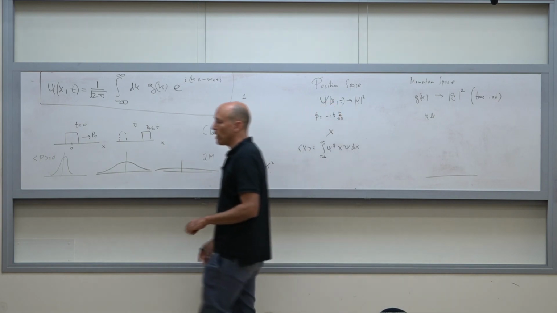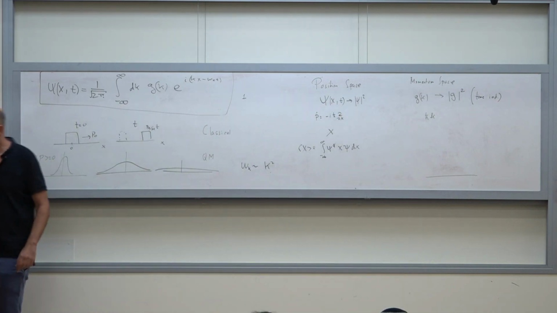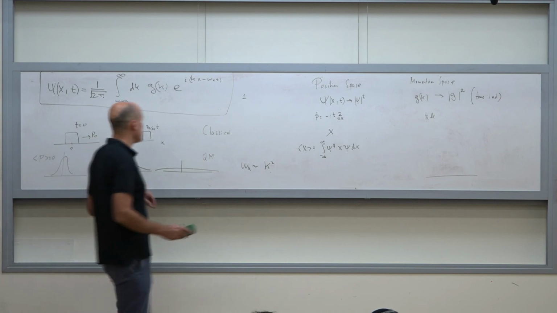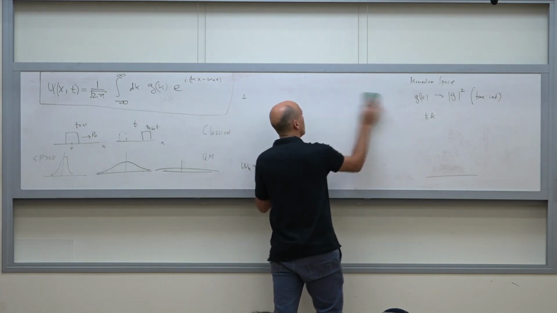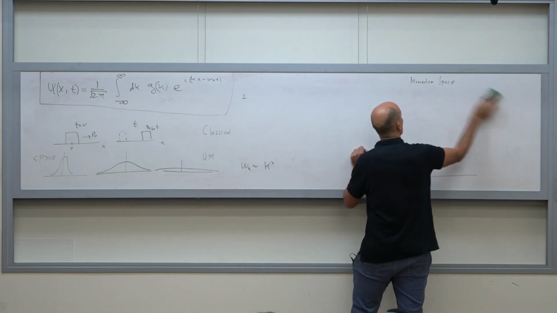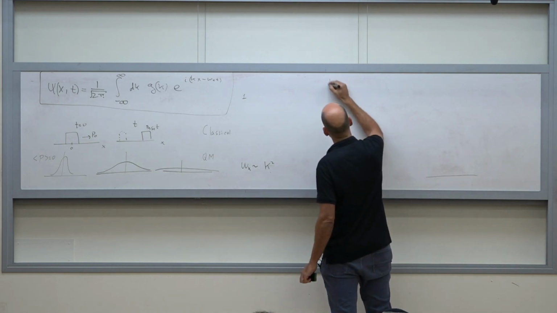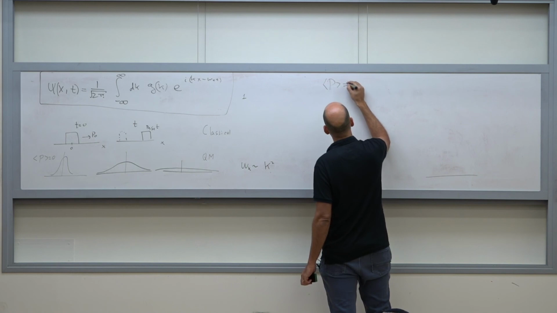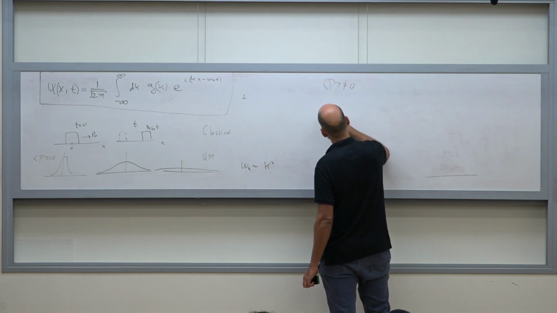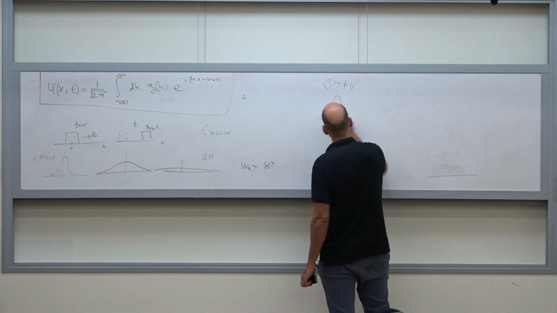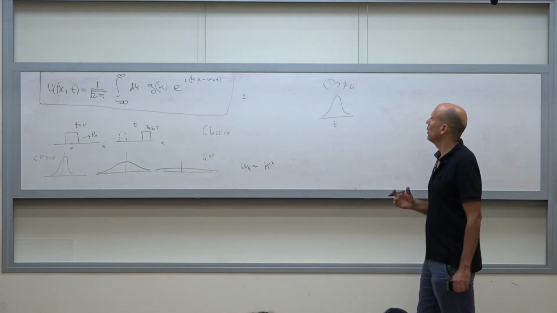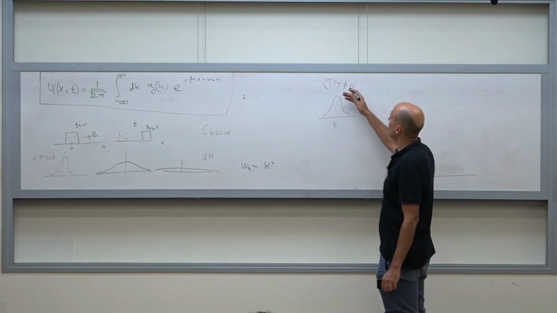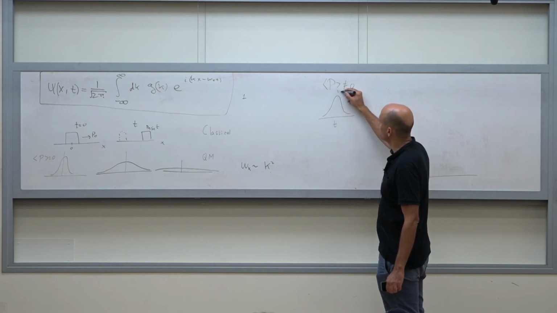What will happen if, let's say, P average is not 0? If P average is not 0, you have initially some wave packet like this. This is at time t equals 0.